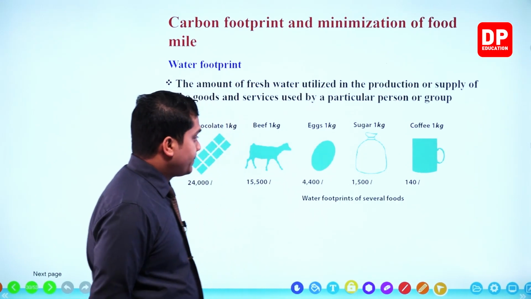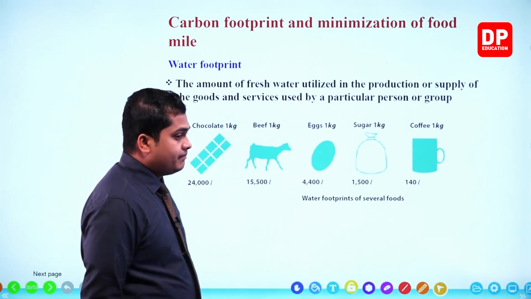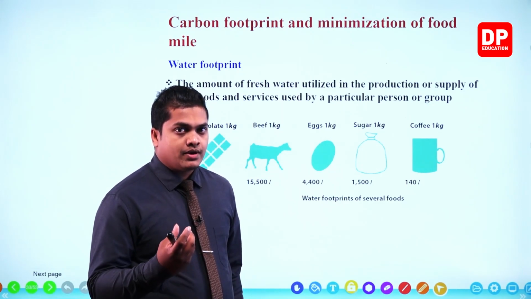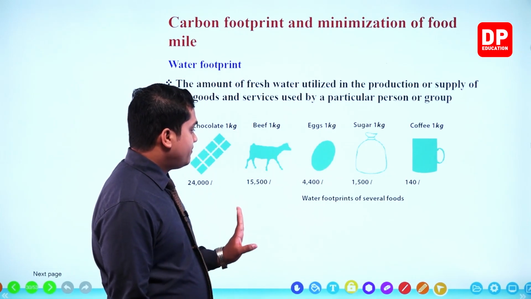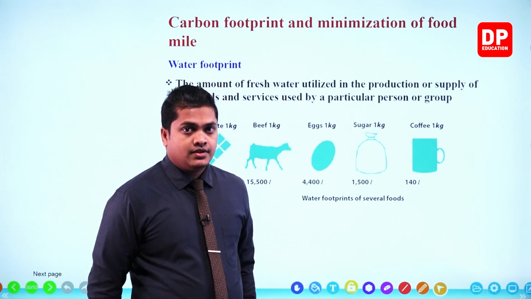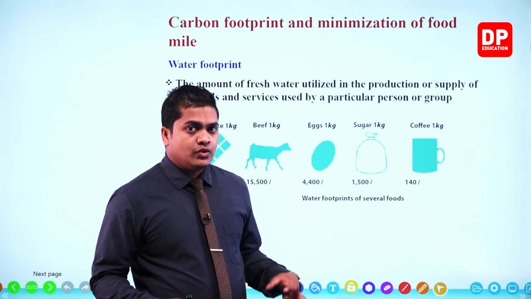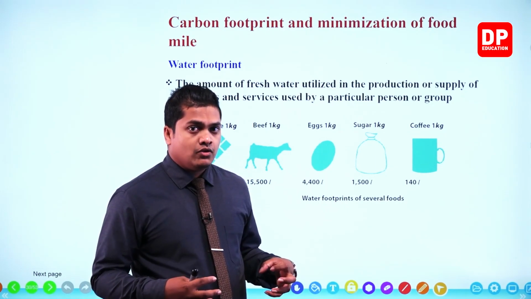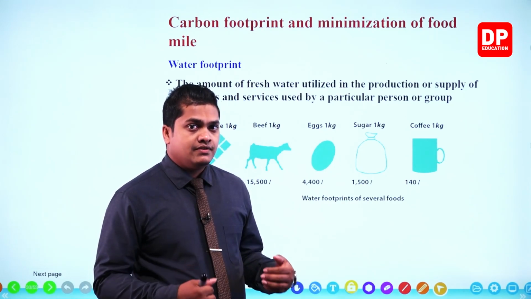Then the next one, beef, 1 kilogram. To prepare 1 kilogram of beef meat, 15,500 liters of water is needed. Because you know that in order to prepare beef, flesh should be developed, tissues should be developed.